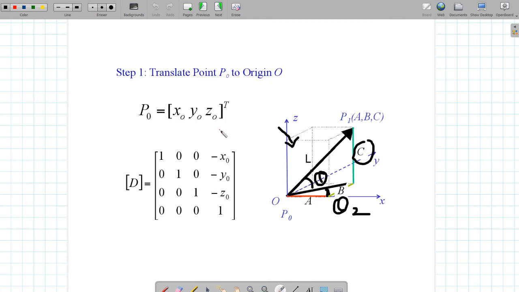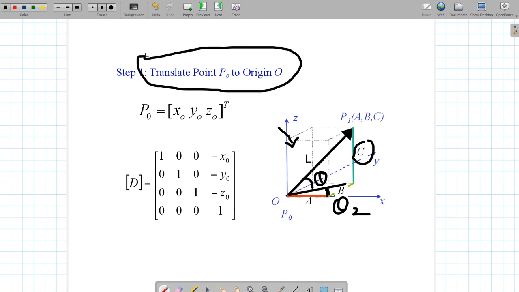Hence, the first step is actually translation. Translate point P0 to origin O.